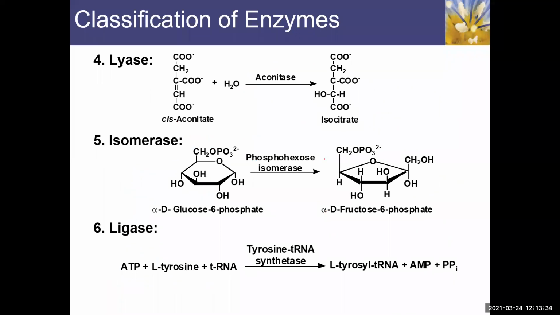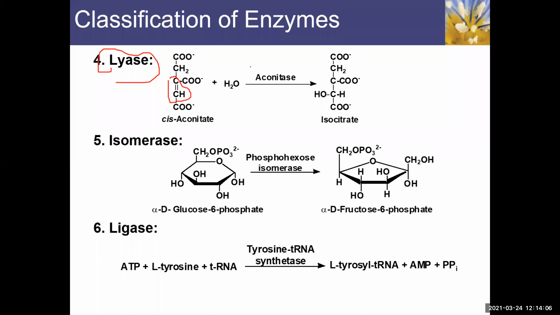As you can see over here, there was a double bond over here, right? By simply adding H and OH, H was already there, OH over here, we removed the double bond by using a lyase. So lyases are basically specialized in creating a double bond or in removing a double bond, in breaking a double bond. Okay, that is all you need to know about lyase.